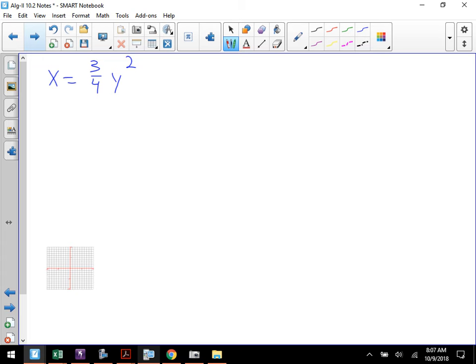So what I want to do is get the formula written out, first of all, in terms of y squared. So y squared will have to equal 4px, which means what do I have to do with the 3/4? Multiply by 4/3. So I'm going to get y squared equals 4/3 x. What do I set equal to 4p now? 4/3.